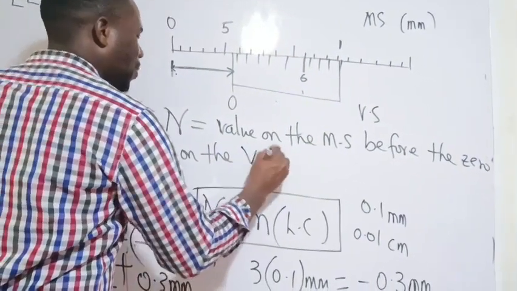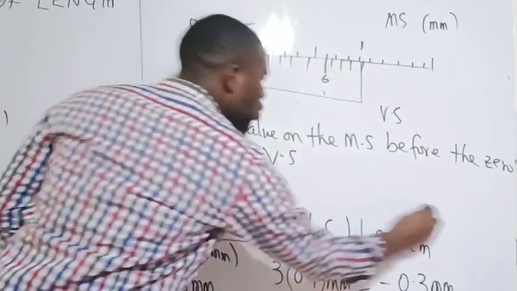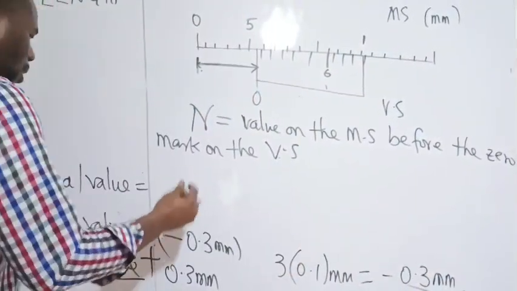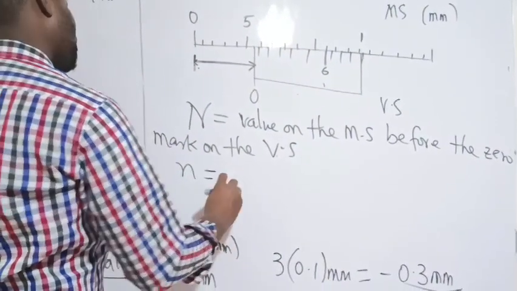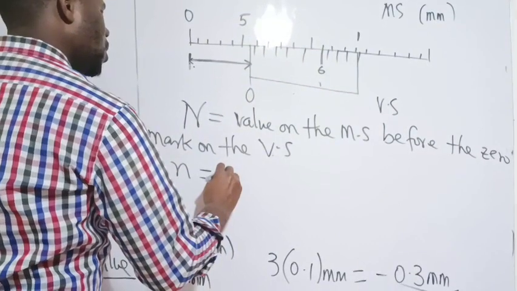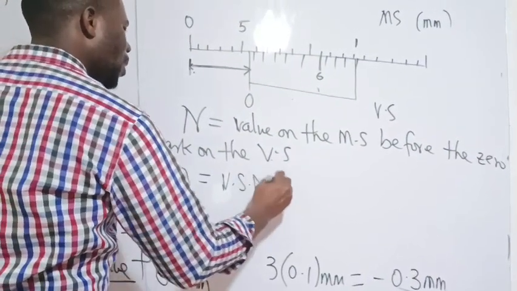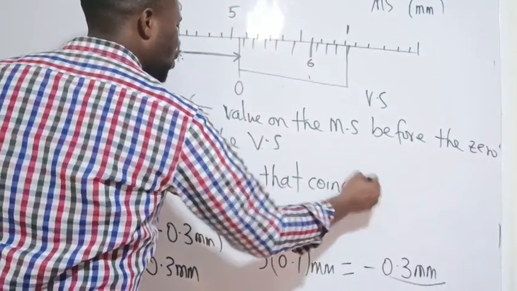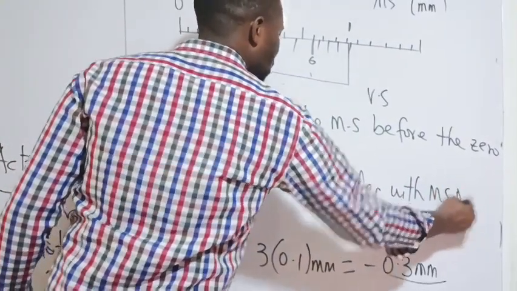Just call that VS. That's the N you see here. Then the little n you see in the previous formula is simply the Vernier scale division that coincides with the main scale division.